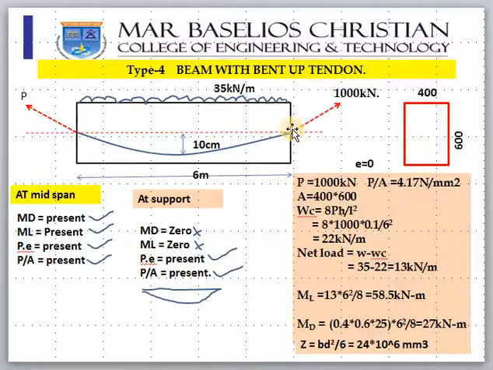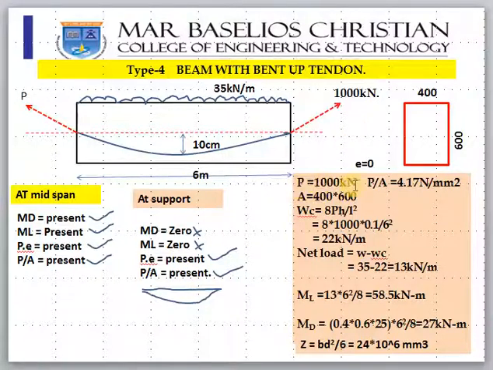Again I am telling, if there is an eccentricity, then you will have a moment due to P into E. But in our case there is no eccentricity, so PE will be 0. But in the general case, if an eccentricity is there, you will have a moment, and you will have a P by A also. That is the axial stress. So let us find out the values.